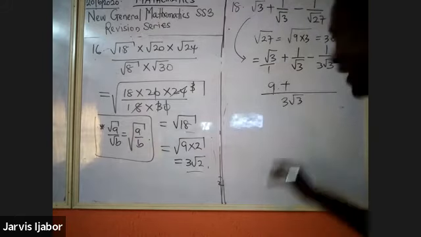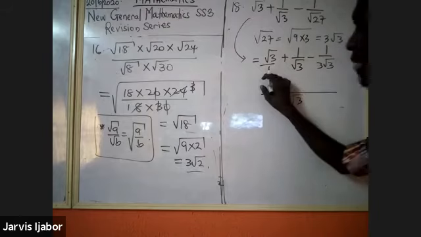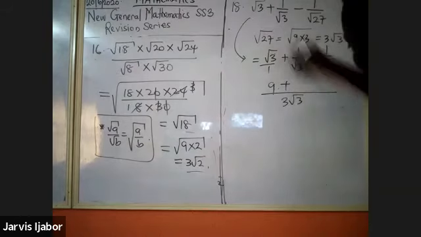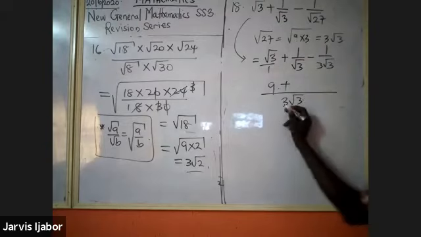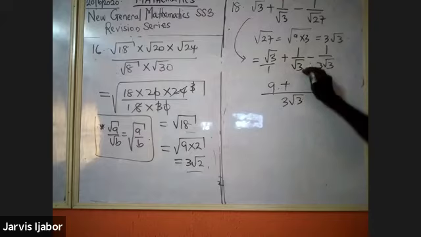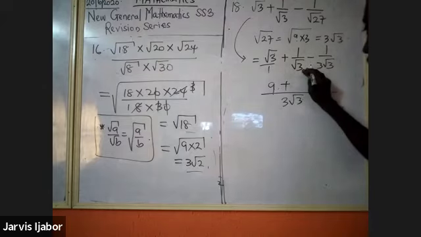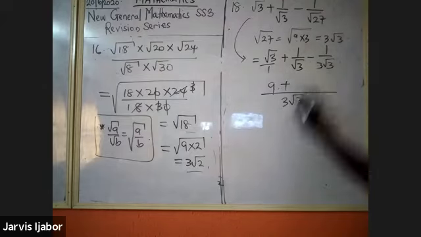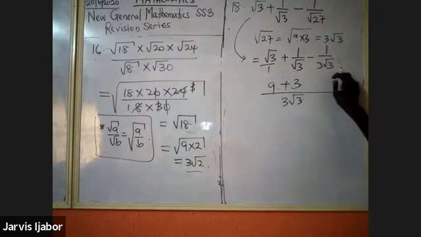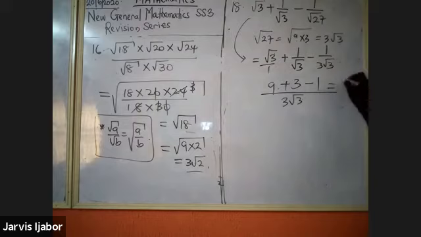How did I get 9? 3 root 3 divided by 1 is 3 root 3 times root 3. This root 3 and this root 3 gives me 3 times this 3, which will give me 9, plus 3 root 3 divided by root 3 will give me 3. 3 root 3 divided by root 3 will give me 1. So that will give me 11 over 3 root 3.